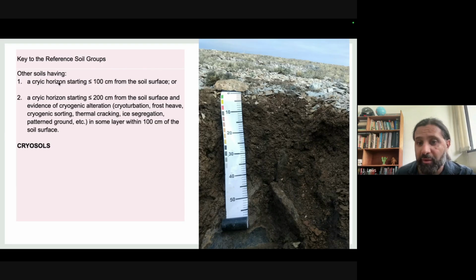A cryic horizon is a horizon with temperatures equal to or below 0 degrees Celsius for at least 2 consecutive years. So I should register very low temperatures in the first 1 meter below the surface, or a cryic horizon starting in the first 2 meters below the soil surface, and some evidence of cryogenic alteration like cryoturbation, frost heave, cryogenic sorting, thermal cracking, ice segregation, patterned ground, etc.